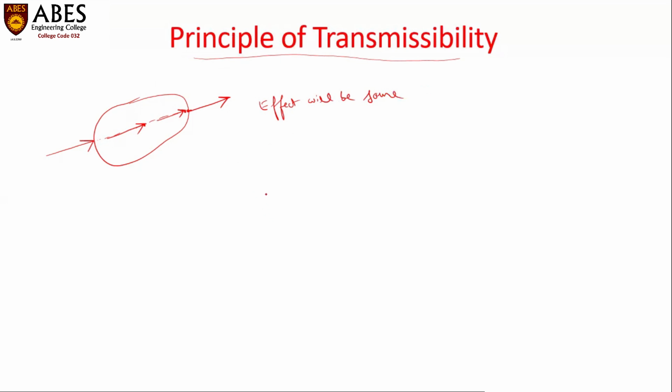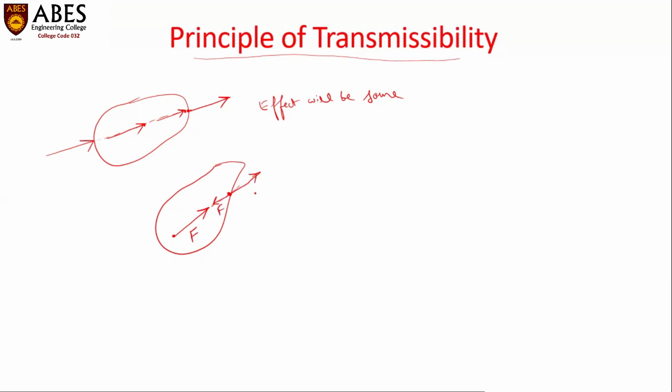So how can we prove it? We can prove it in a simple way, logically. Suppose this is the object, and a force is acting here. This is the force having magnitude F. Now I'm arbitrarily choosing another point along its line of action. Suppose this is the point at which I'm going to study the effect of two forces, equal and opposite.